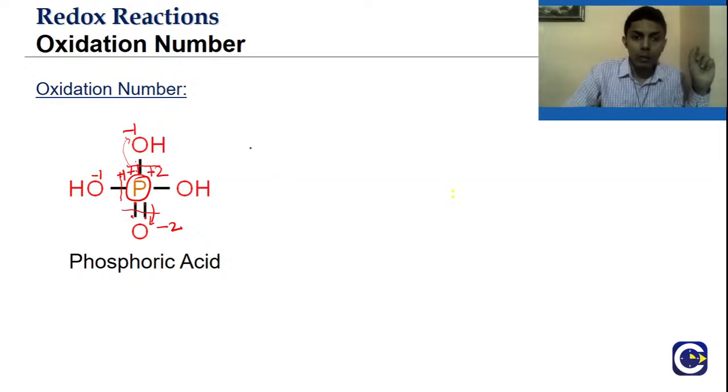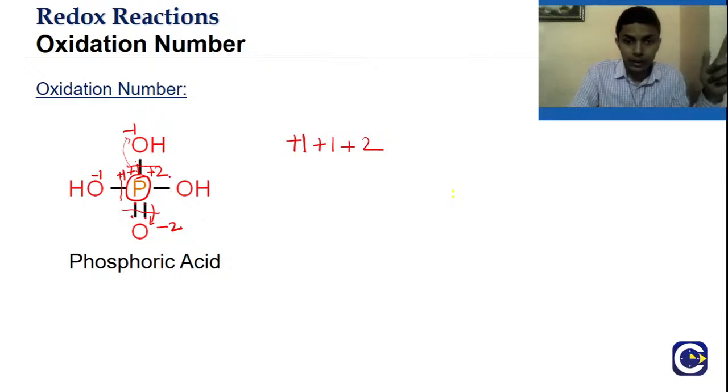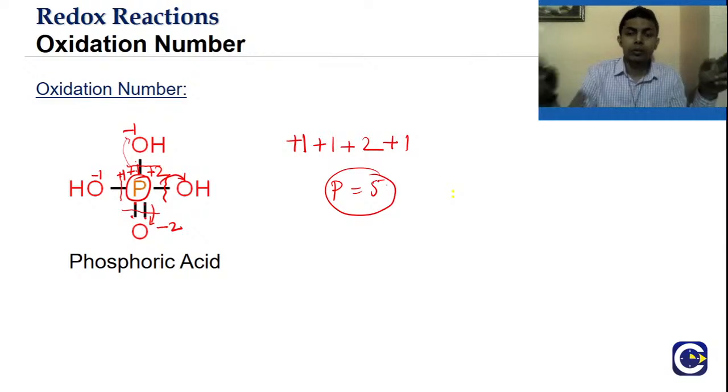Getting it? So from above, it is getting +1. From the left side, it is getting +1. From below, it is getting +2. Whereas from this side, when the bond breaks, both electrons will go here because oxygen is more electronegative, right? So phosphorus again will get +1. So the oxidation number of phosphorus would be 5.